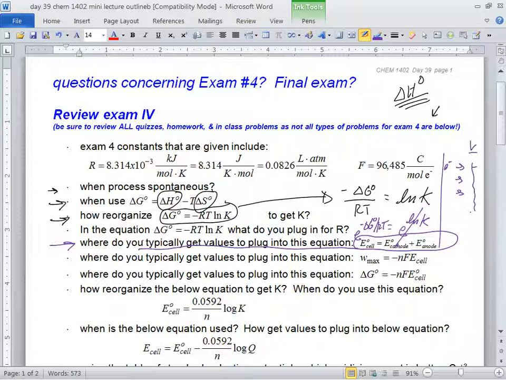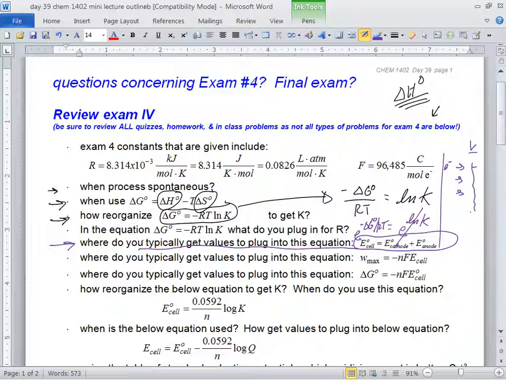Remember that? How did you pick which half reaction was the cathode and which one was the anode? Because these E zeros are just volts, and we just add them up. How do we pick?